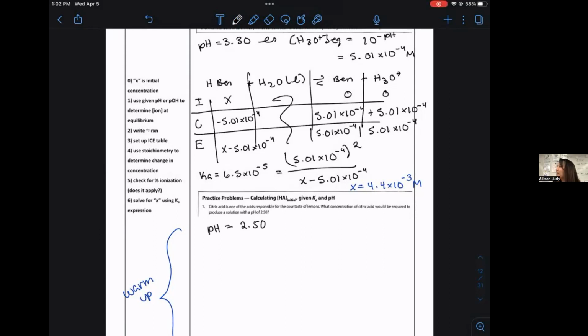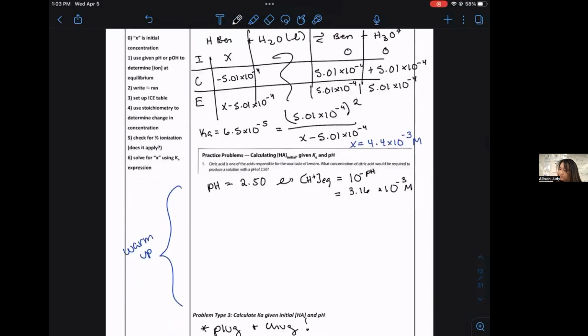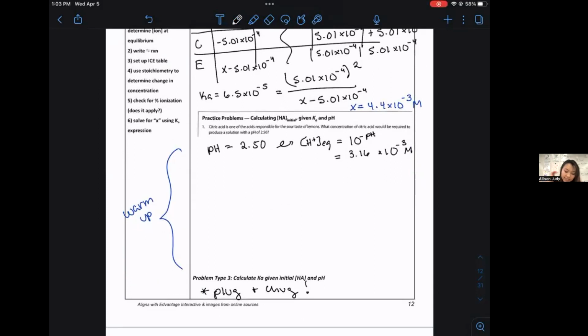So from the pH of this prompt, you could find the H equilibrium concentration by doing 10 to the negative pH. You should have found that the concentration was 3.16 times 10 to the negative third molarity. And then you would have set up an ice table.